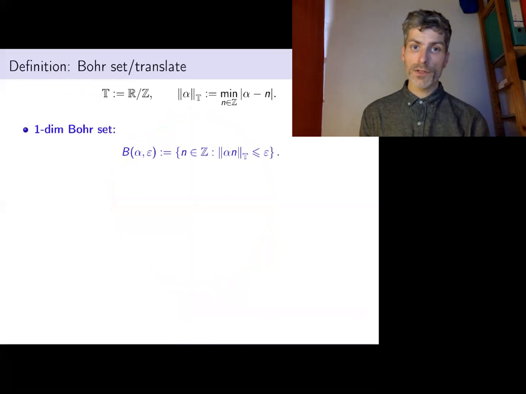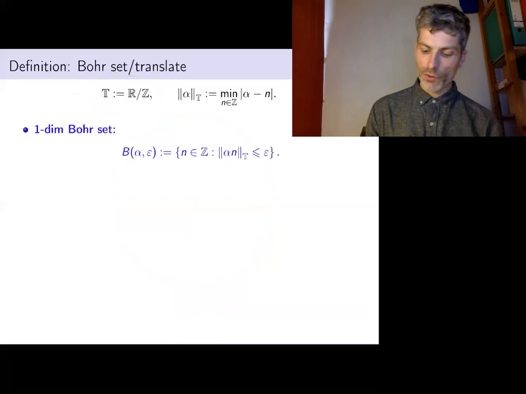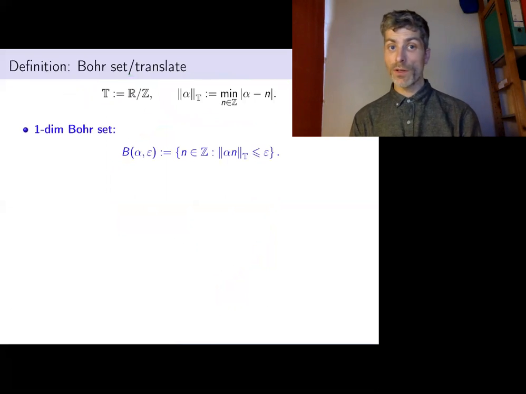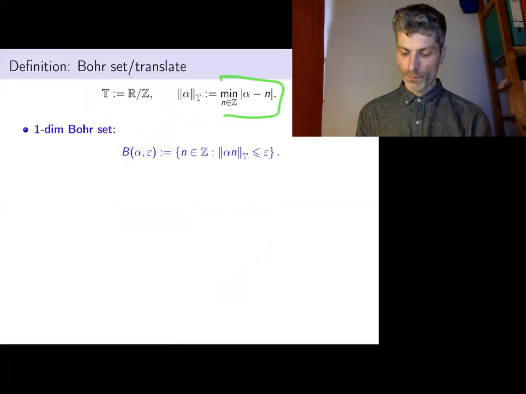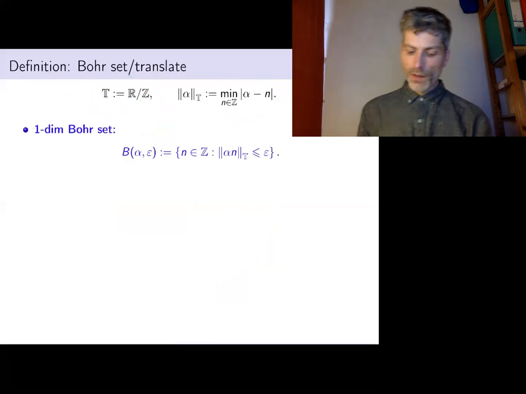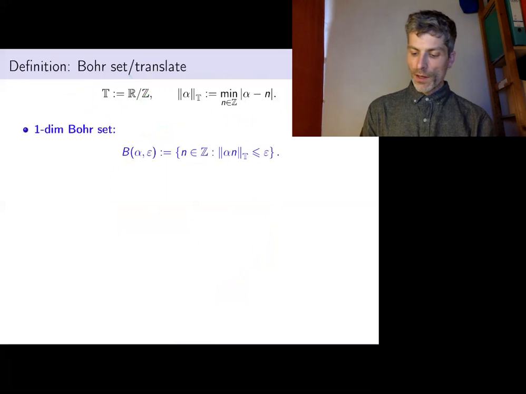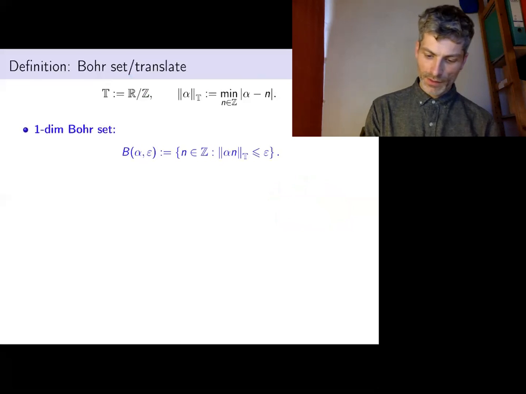So let's give the formal definition of a Bohr set. So again, this is my reminder that we're working on the torus. That's where our frequencies come from. And you can measure the distance from a frequency to the identity of this group by this distance to nearest integer function. So a one-dimensional Bohr set is a set of integers corresponding to pulling back the arc around 1 in some epsilon neighborhood. Let's write that a bit more carefully.